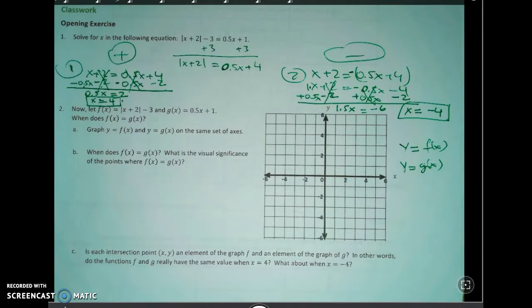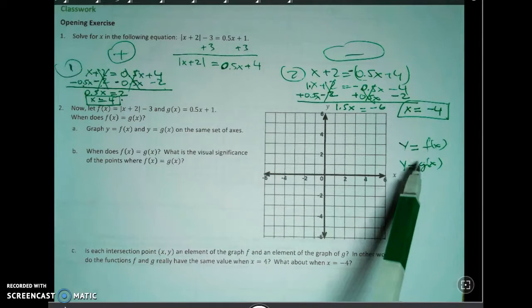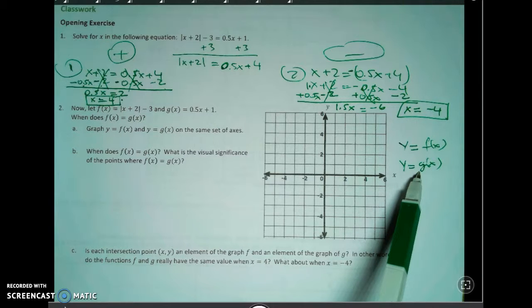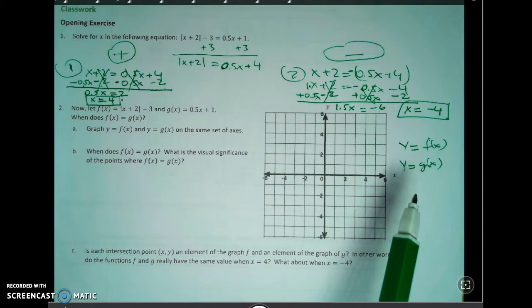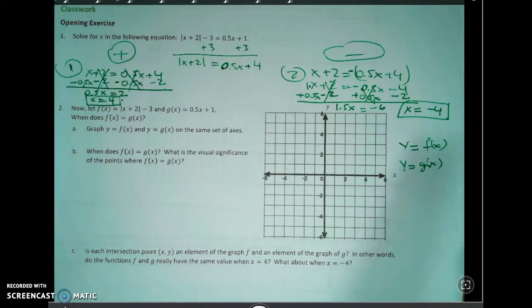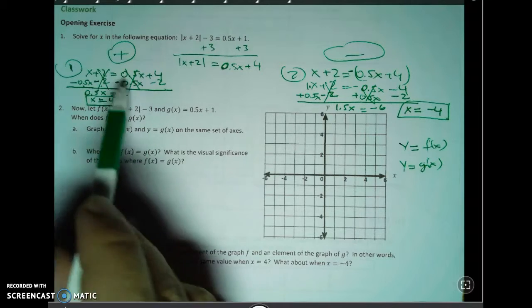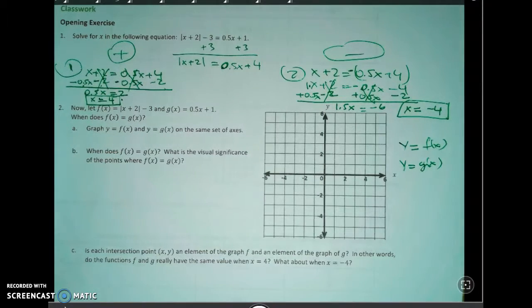The goal is to graph these two functions where y equals f of x and y equals g of x, and we're going to solve for x using just visually the graph of the functions. So we don't have to do all this work that we did in exercise 1. So let's graph these two functions.